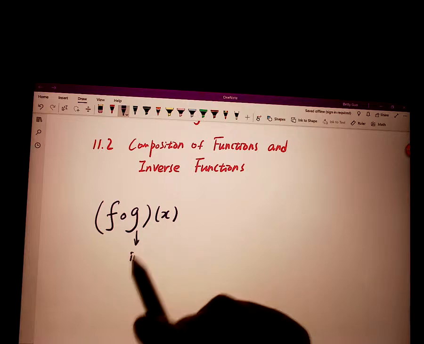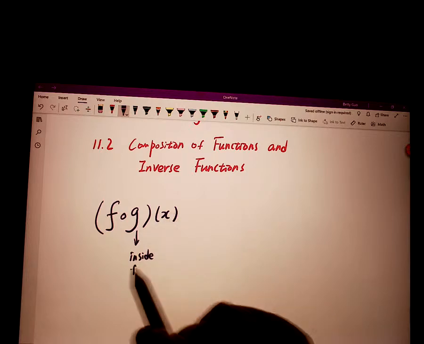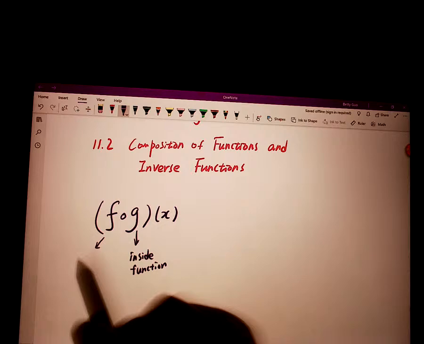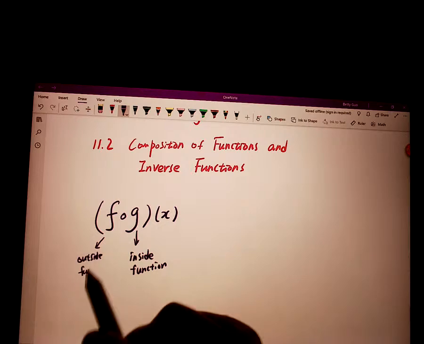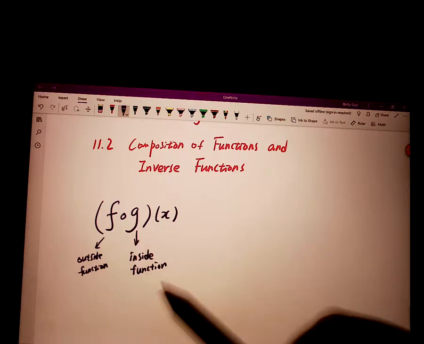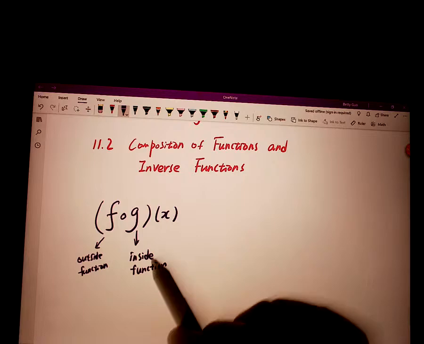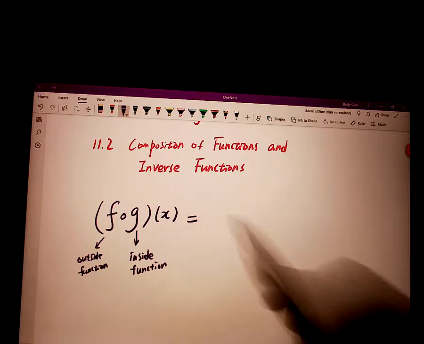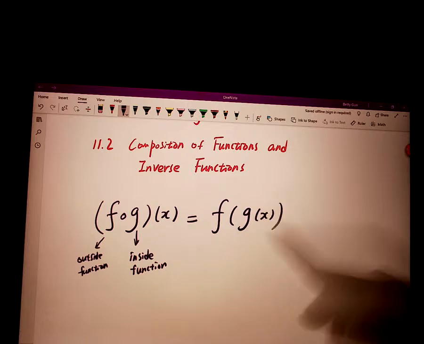G is inside because it is closer to x. G is the inside function. F is the outside function. We compose the two functions together. We have one function, and this notation is actually the same as f of g of x.